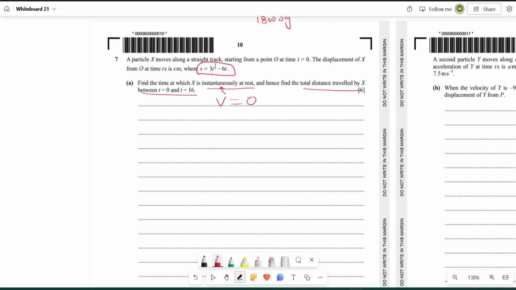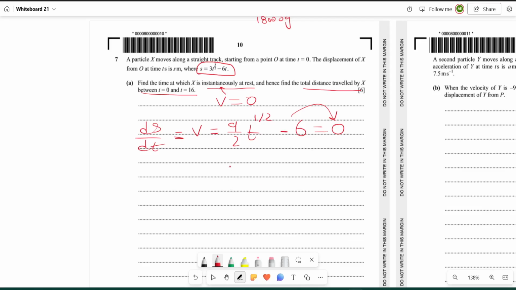So if I differentiate ds by dt, that gives me the velocity. Differentiation of displacement is velocity. This is going to equal the differentiation of this function. So 3 over 2 times 3 is 9 over 2 t to the power of 3 over 2 minus 1, which is the power of half, and this is just going to be minus 6. This is velocity. I want to equate it to 0 and solve.